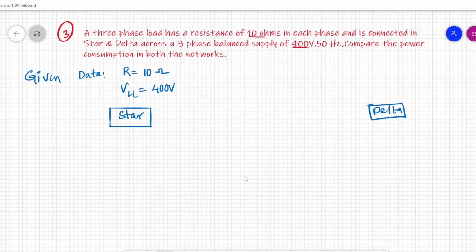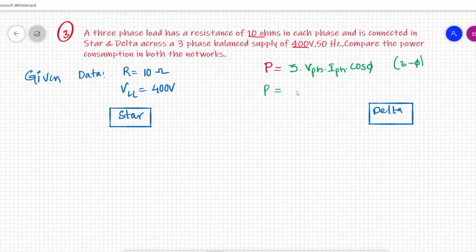So what is the expression for power in three-phase circuits? As I have earlier told you, power in three-phase networks equals 3 into V phase into I phase into cos phi, because for single phase it was V phase I phase cos phi, and here we have three phases, so it is multiplied by 3.